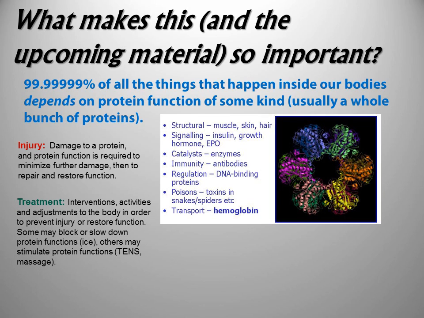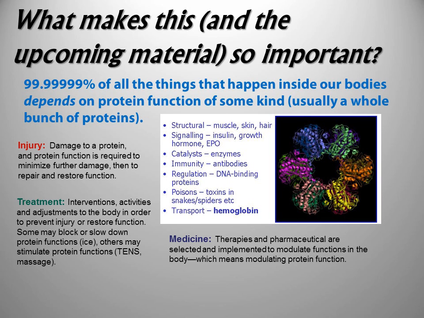So interventions, activities, adjustments to the body in order to prevent or restore function in the case of loss of function. We're going to block or slow down protein functions like ice. Okay? Sometimes we're going to stimulate protein functions like with heat or massage or what we call a TENS unit, that's electrical stimulation.